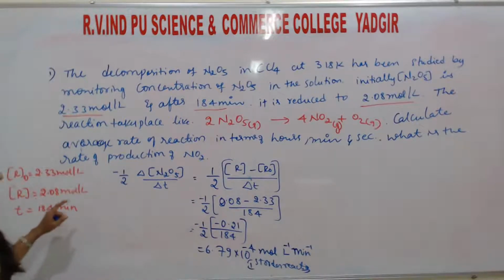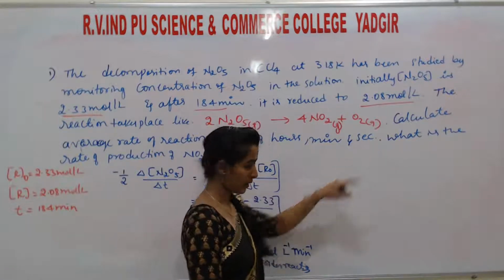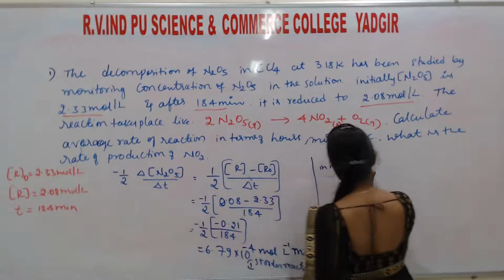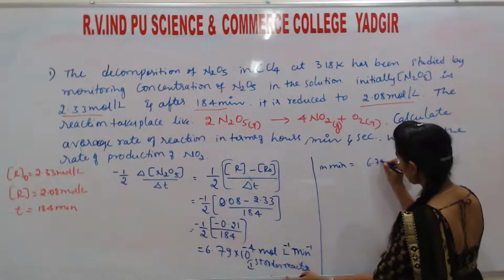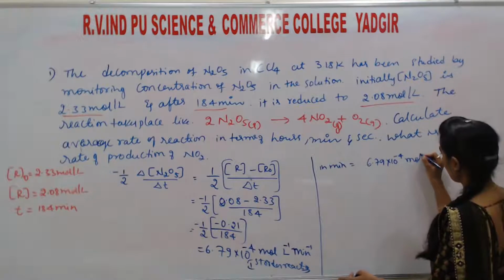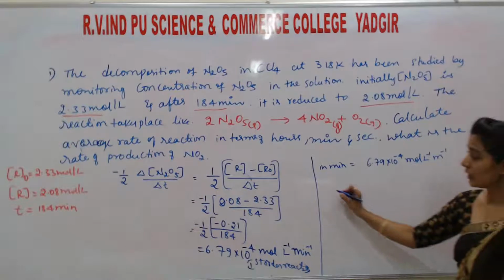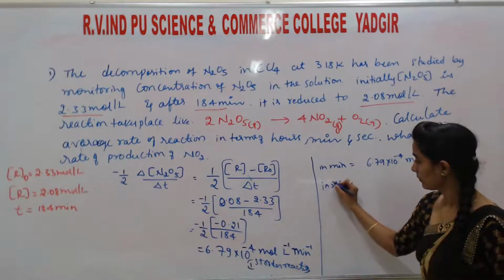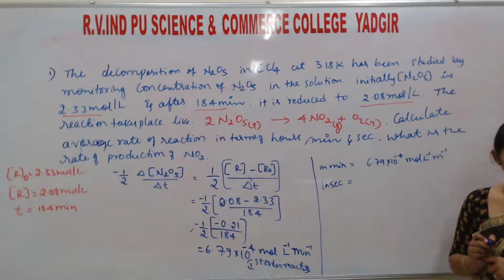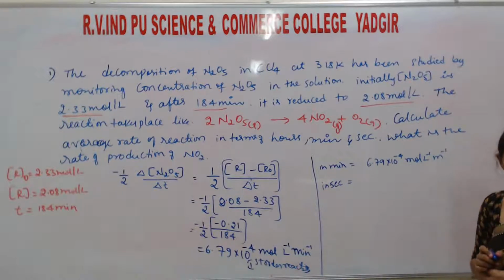Correct? So listen, here they are asking in terms of hours, minutes and seconds. So in minute, it is 6.79 into 10 to the power minus 4 mole per liter per minute. In second, what will you do to convert it into second? Multiply by 60 or divide by 60? Multiply by 60.